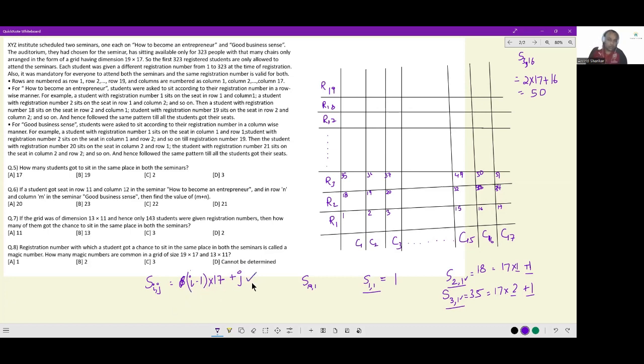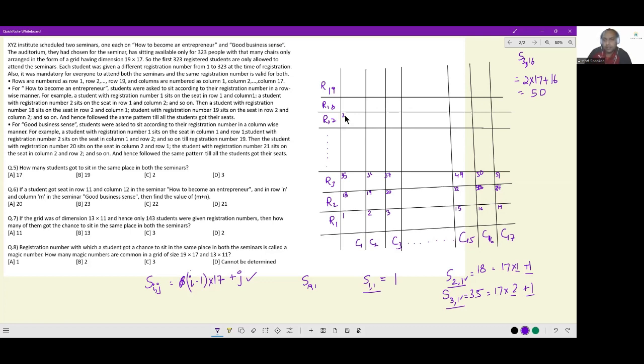This is valid. While it looks like an arrangement question, this is more number theory based. We work our way. For row 17, column 1, what will we have? 16 into 17, which gets us to 272, plus 1.